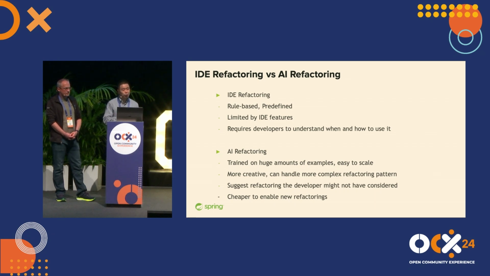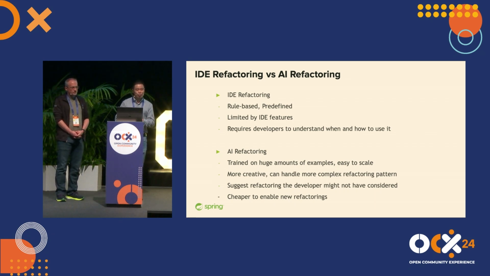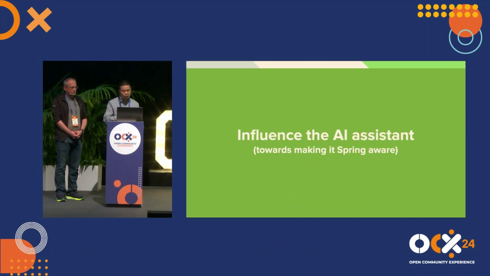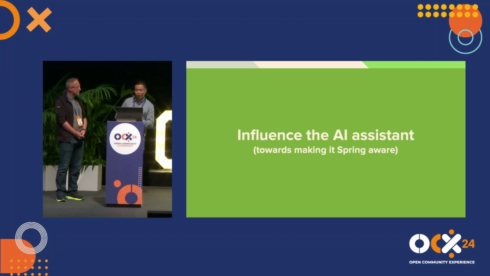All you need to do is write a prompt to enable new refactorings. So we think AI chat brings big potential to enable more refactoring cases in the IDE. That's all my sharing about how to leverage AI chat to improve the Java development experience. Now I'm going to hand over to Martin to talk about how to influence the AI assistant, to make it Spring aware.